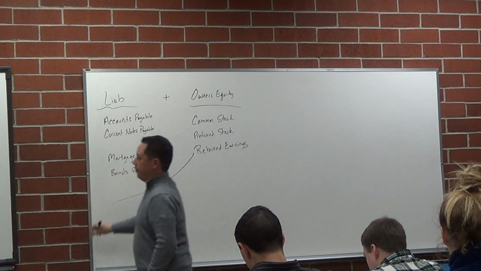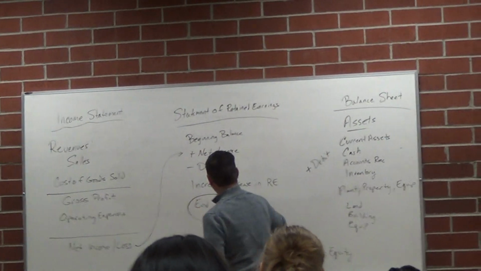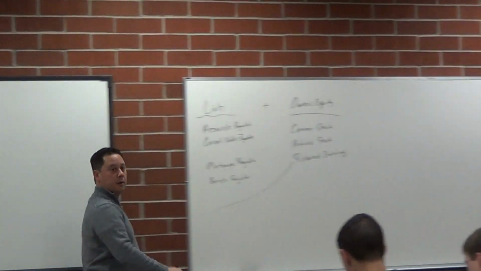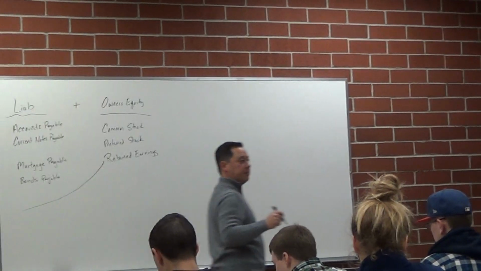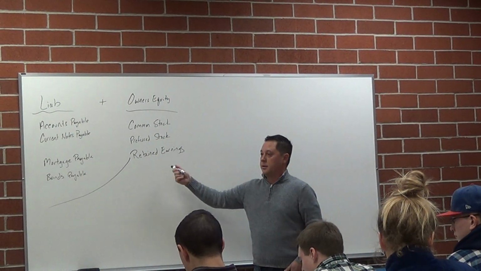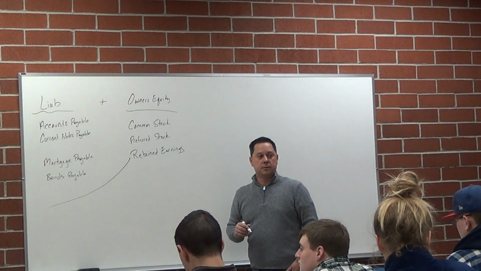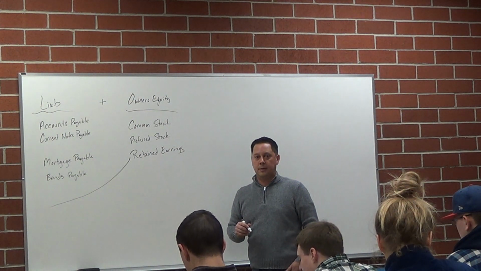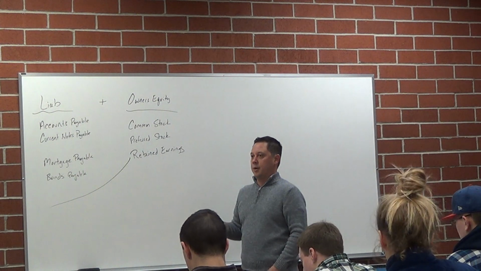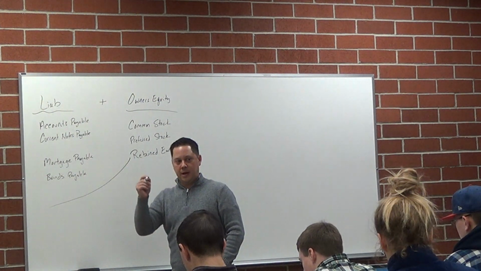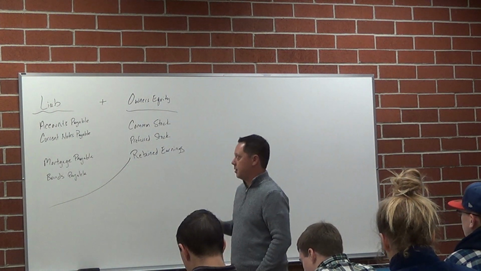That number I get from over here. That's why you do the retained earnings statement before you do this statement here. All right, questions on that? Now I'm going to do the statement of cash flows. So they all flow together. There are 4 statements, and they flow together as a part of that.